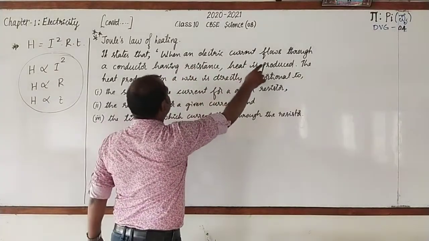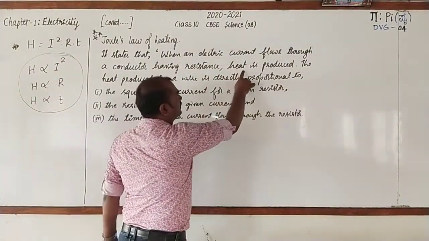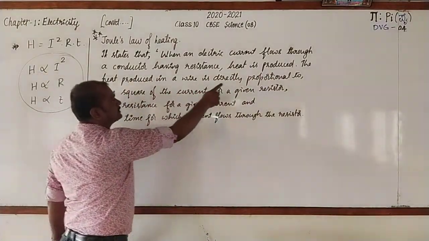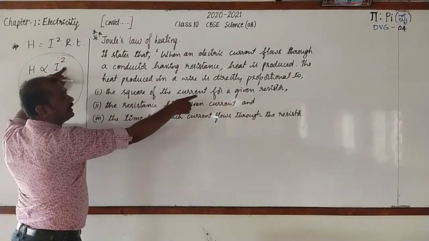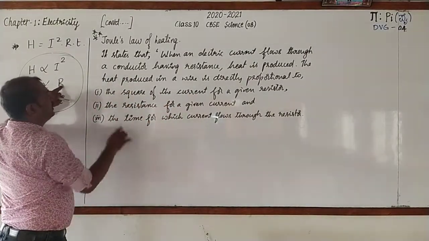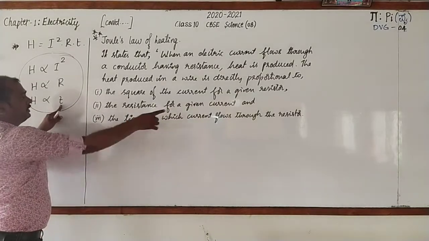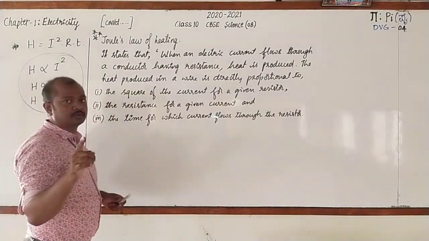When an electric current flows through a conductor having resistance, then heat is produced. This heat energy is directly proportional to, first, the square of the current for a given resistor; second, the resistance for a given current; and third, the time for which current flows through the resistor.